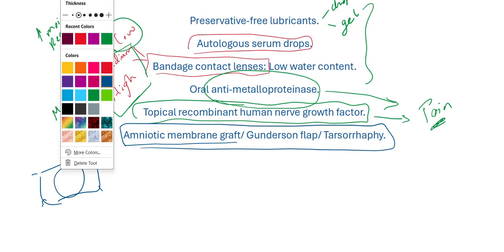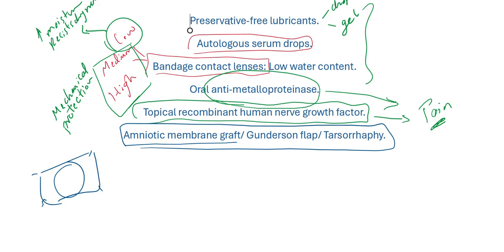Gundersen flap, you can use it to do either a full peritomy or modified Gundersen flap, which is partial peritomy, and then dissect the conjunctiva down and take it up to suture it and cover the cornea completely.